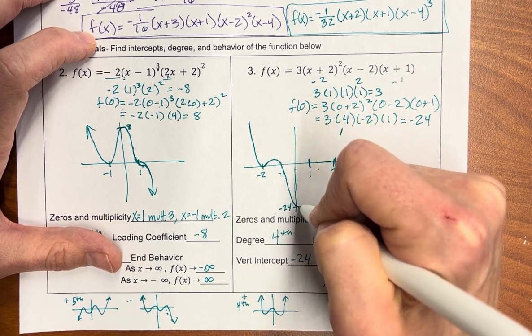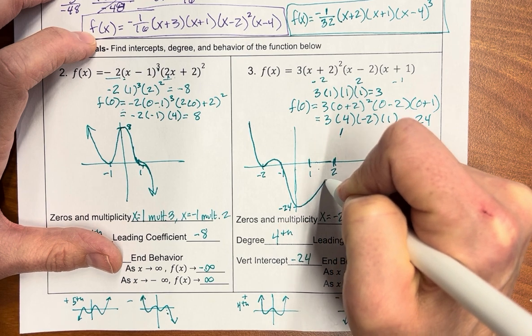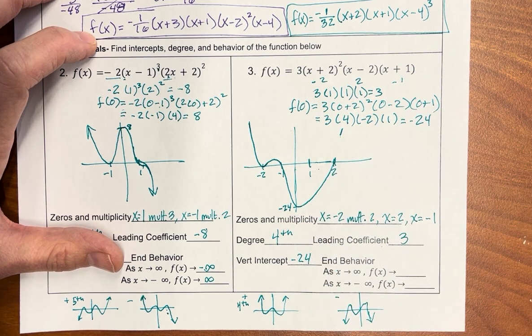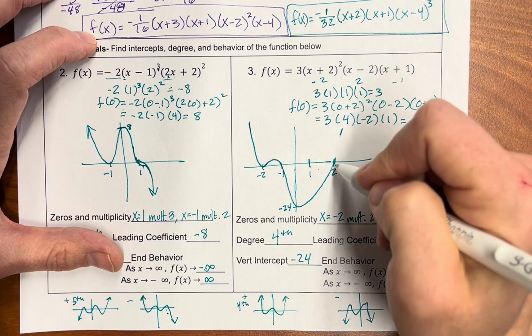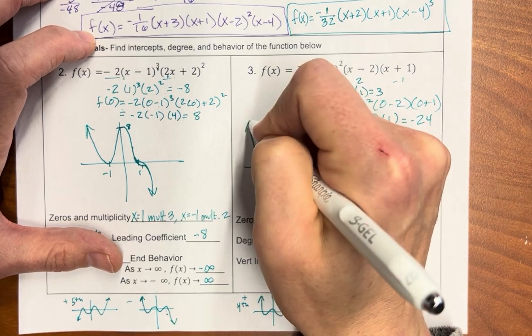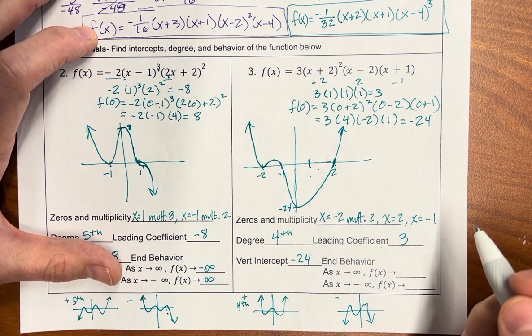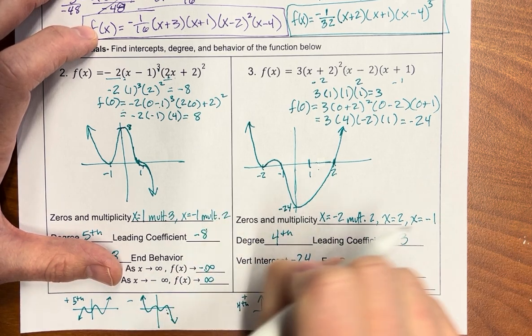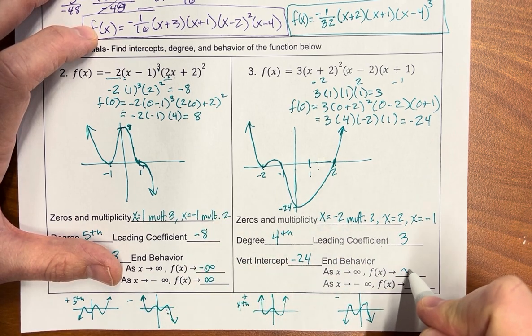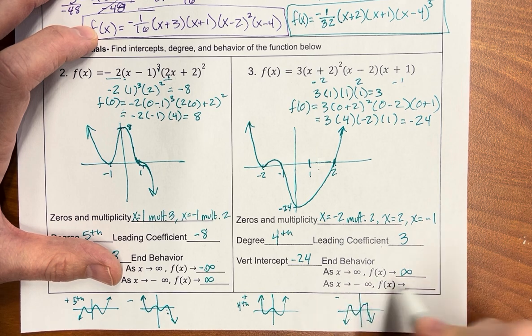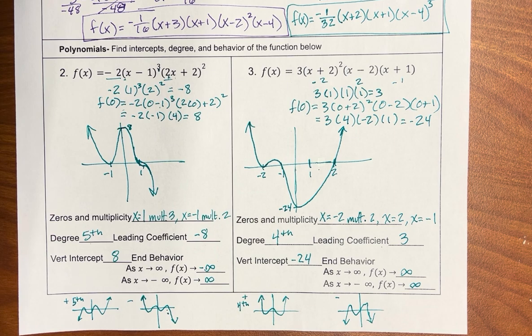Go down through -24, and then it's going to go back up through 2. That's what our graph will probably look like. So as x approaches infinity to the right, f of x is going up. As x approaches -infinity to the left, f of x is going up again. So my end behavior is infinity and infinity.